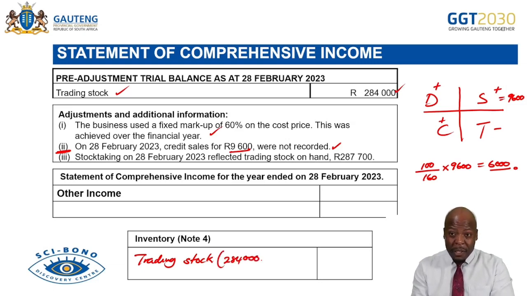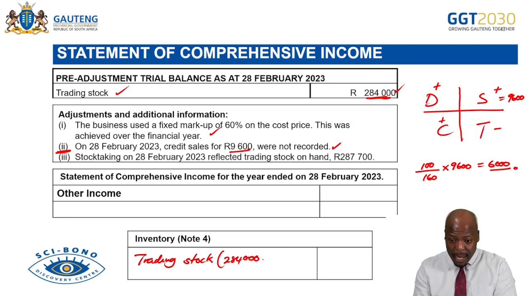However, we have sold goods and have not yet adjusted for that. So according to the business records, our inventory must be 284,000. However, there are some goods that we have sold. Those goods have gone out. We don't have them anymore. So that means we must go and adjust in our inventory.